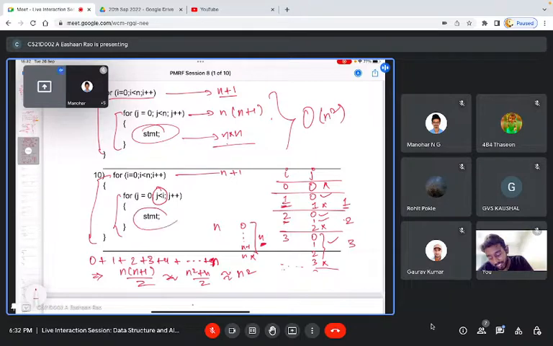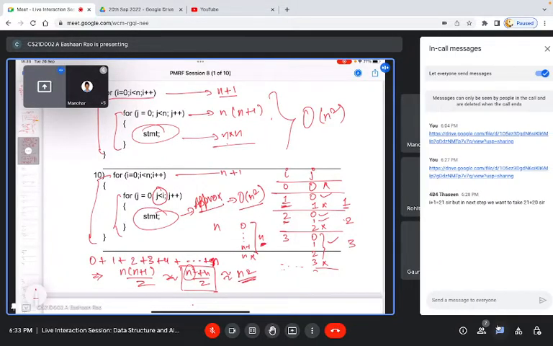So we can say that approximately this function is going to run for n square. Obviously it runs less than n square, but for approximation we assume it will run till n square, because n square plus n is the actual time function that we have found, and since the higher order term here is n squared, we take it as order of n square.